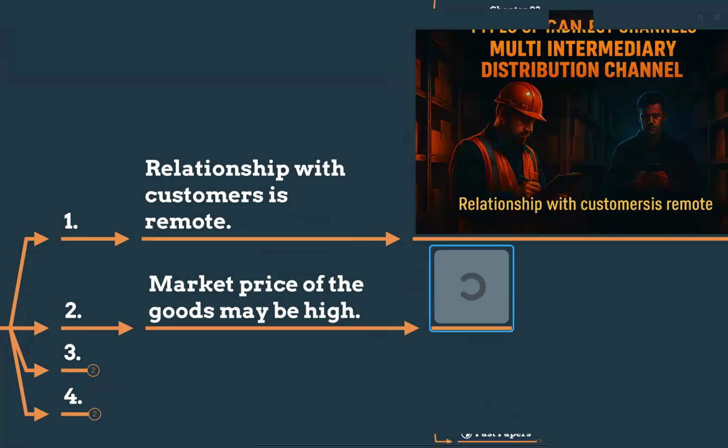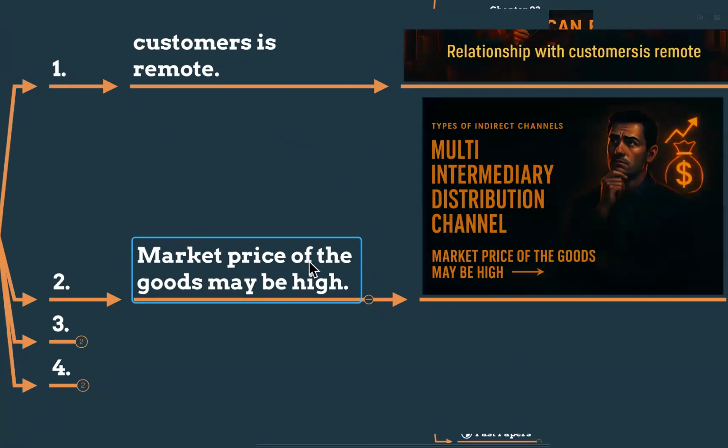And the second one is that the market price of the products may be high. Why? Because there are so many intermediaries. At each intermediary's point, they will add their own profit. Then when it comes to the end consumer, it will be a more expensive product. So each intermediary adds a profit margin, and the final price is much higher than the factory price.